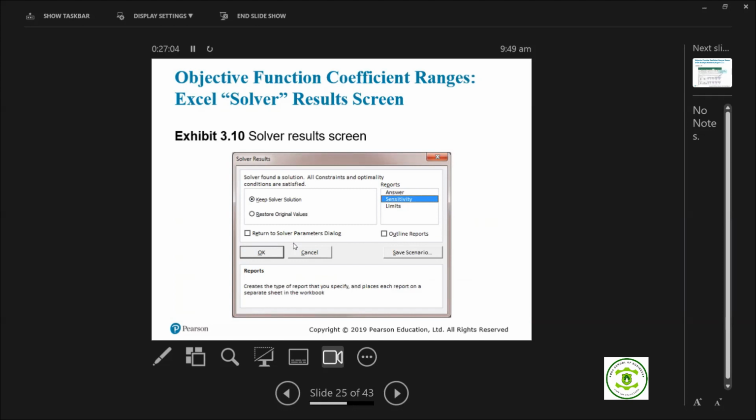On answer, just highlight answer. You see answer. Just put the cursor there and select it. You can select both the answer and then the sensitivity.